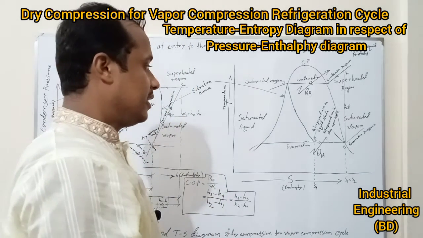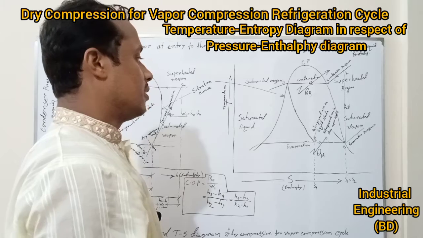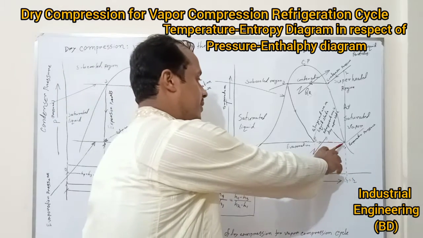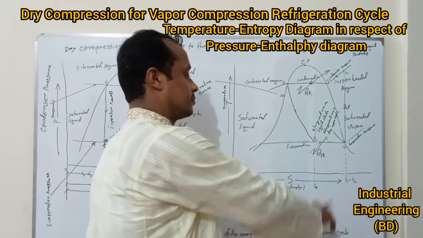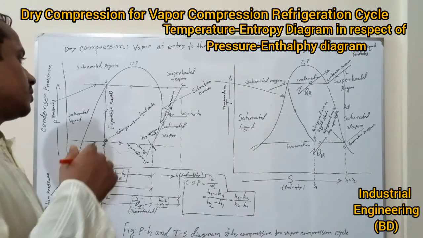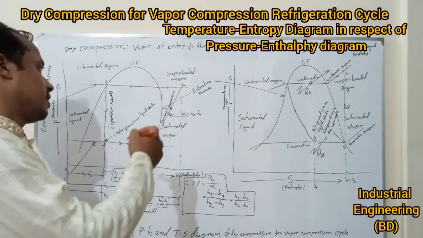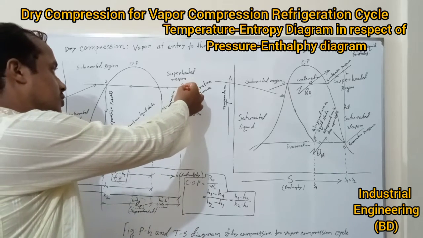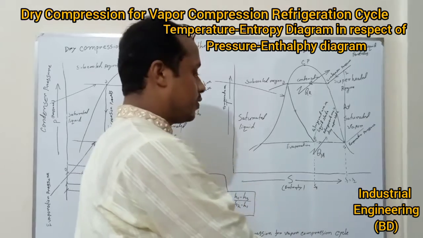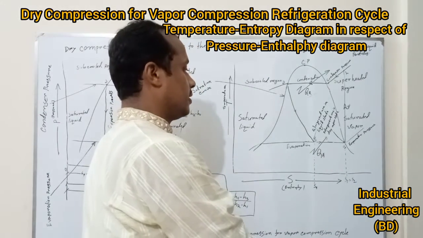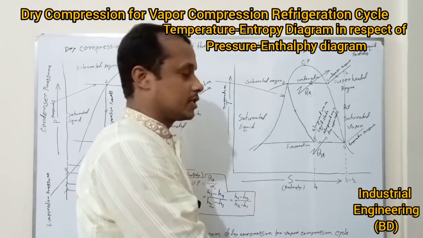Similarly, in the TS diagram, at point 1, the refrigerant enters the compressor. Since the compression process is an isentropic compression process, the entropy should be constant.